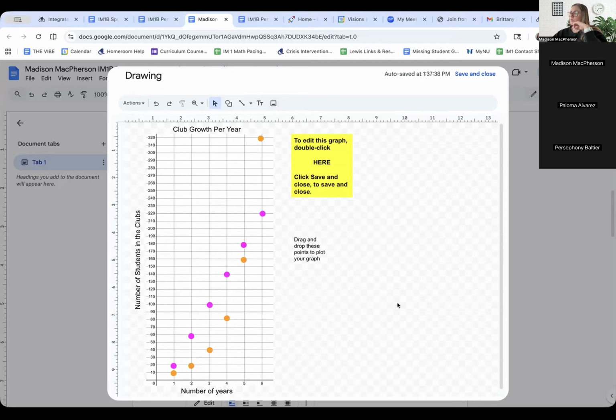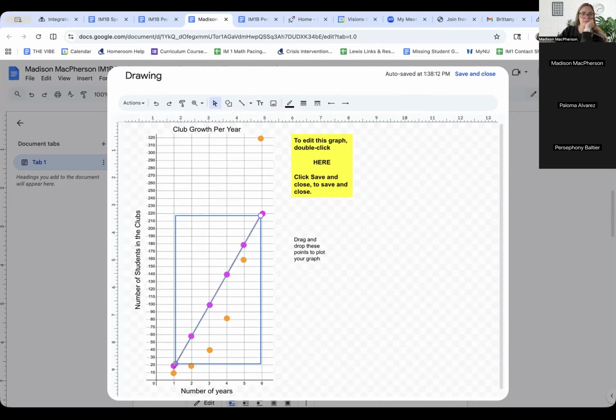From there, you're going to draw the line. So in order to do the straight line, you're going to use this tool here. And I'm going to pick this point and go all the way to that one.